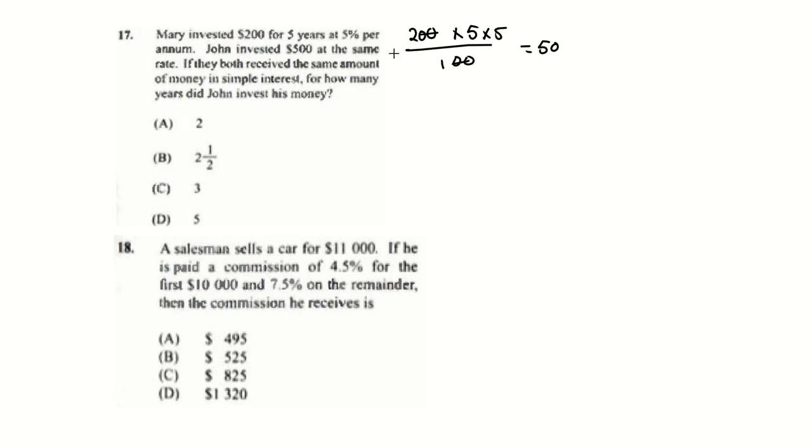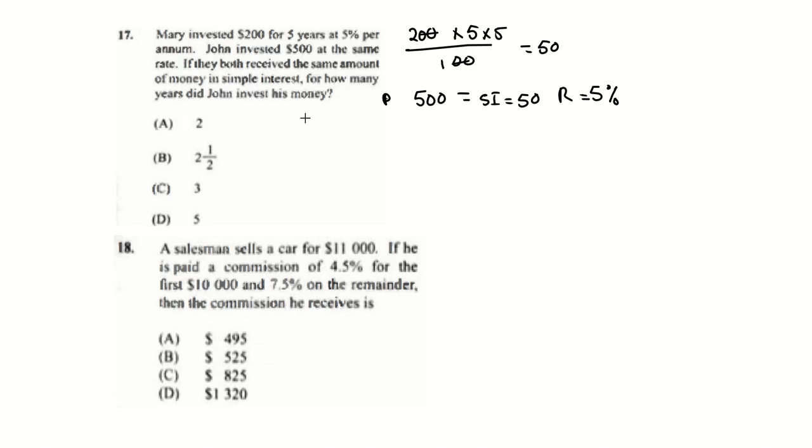They said that John invested 500, right? His principal is 500. They say that he received the same amount, so his simple interest would be 50. His rate is equal to 5%, right?